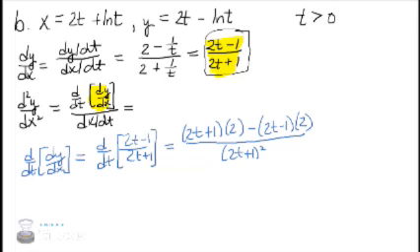Simplifying a bit here, we're going to have 4t plus 2 minus 4t plus 2. So this is going to be 4 over (2t plus 1) squared. All right, so that's what's going to go into the top up here.